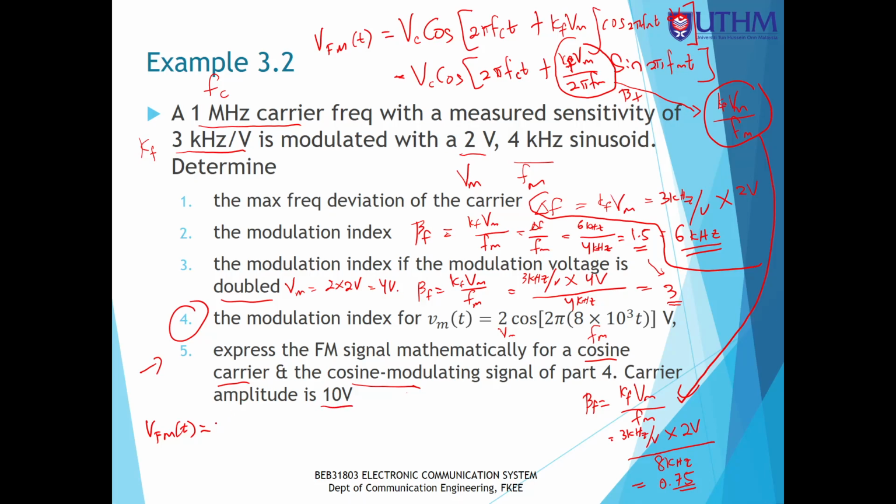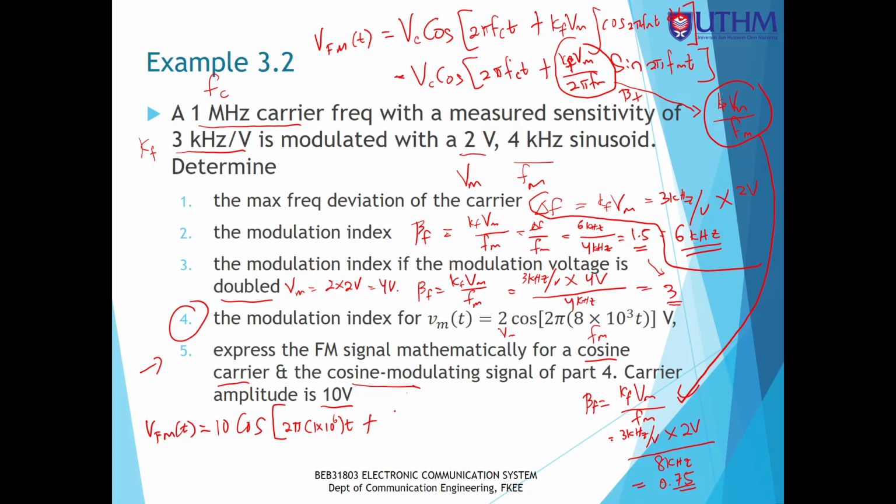So that means 10 cos, in bracket 2 pi fct, 2 pi in bracket 1 times 10 power of 6, so this is 1 mega, plus 0.25, which is beta f.